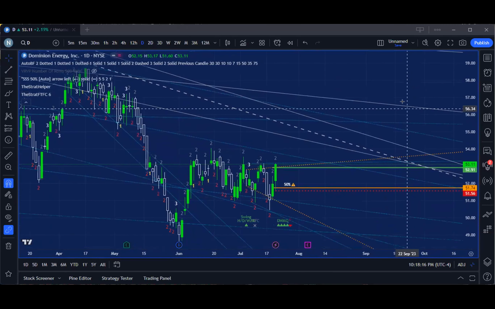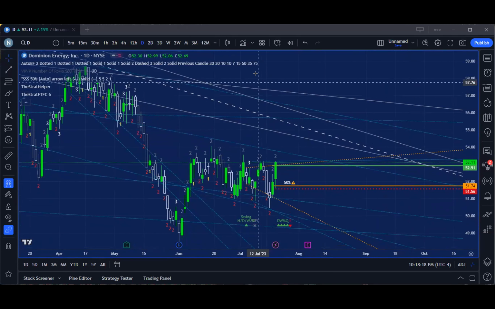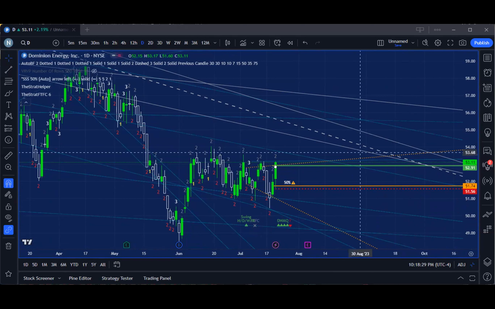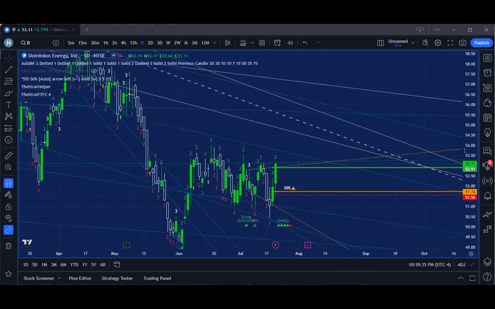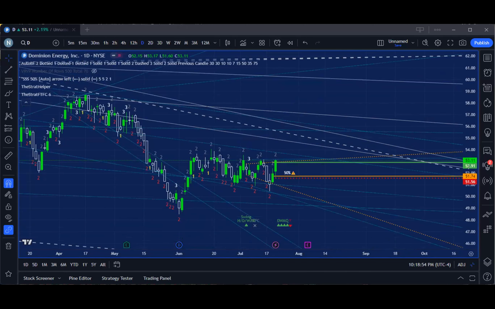Nah, I'm on TOS. Which one are you using, Kevin? TradingView. And you're seeing the one around 54, 55? The first one I see is a quarterly, I guess around 54.83. Yeah, I don't have that quarterly. I have a quarterly coming in around like 52-ish.